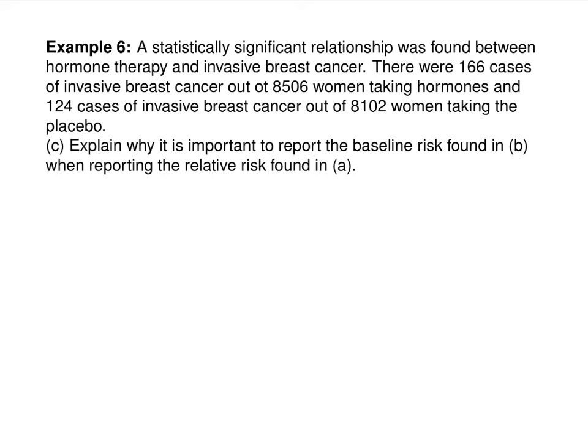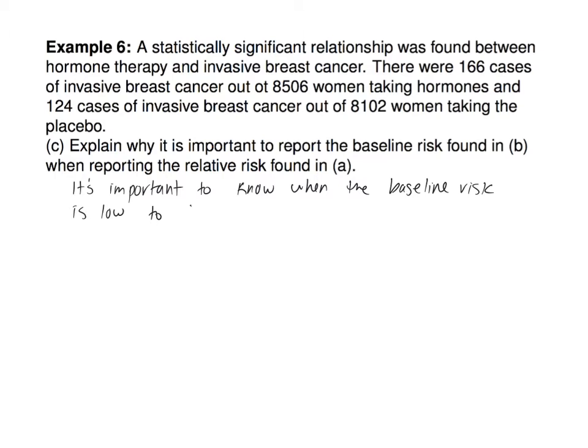Explain why it's important to report the baseline risk found in part B when reporting the relative risk found in part A. The kicker is that it's important to know when the baseline risk is low, to have an idea about practical significance.